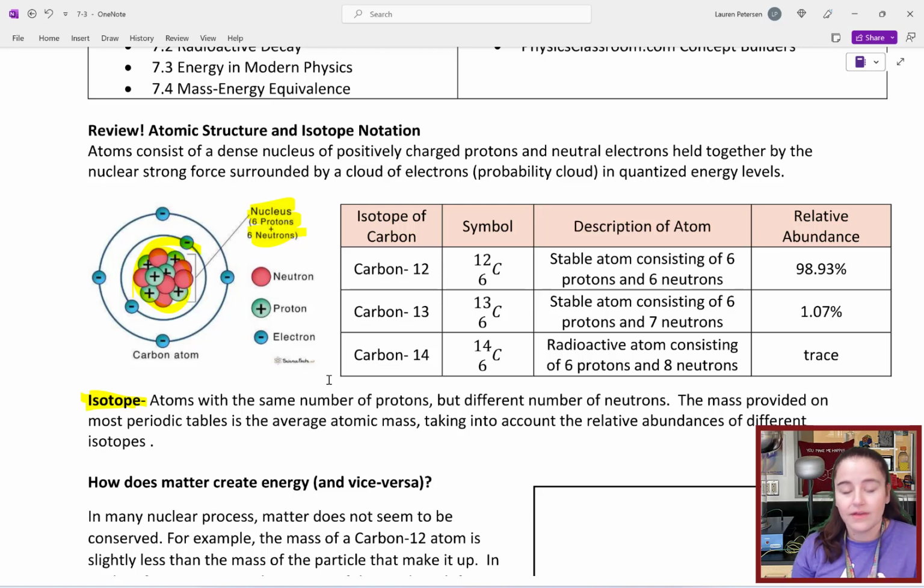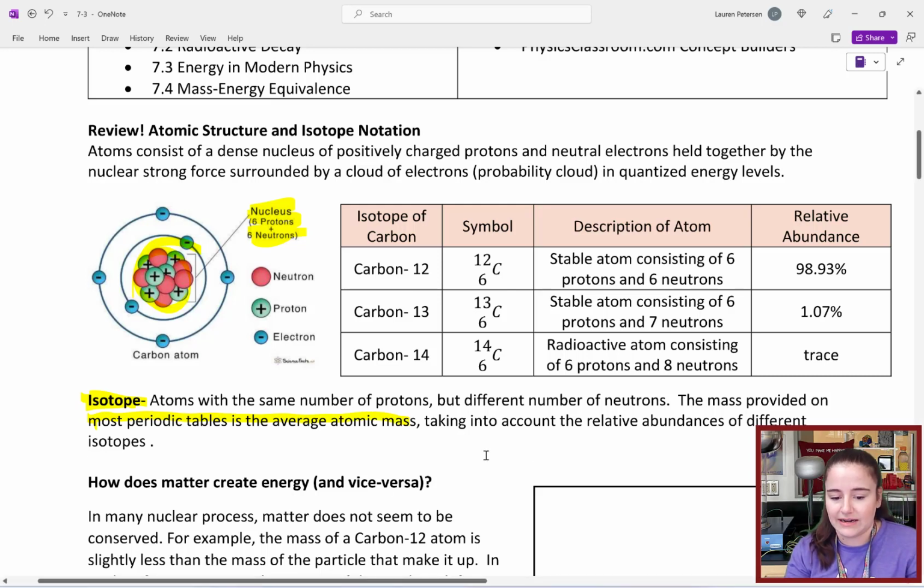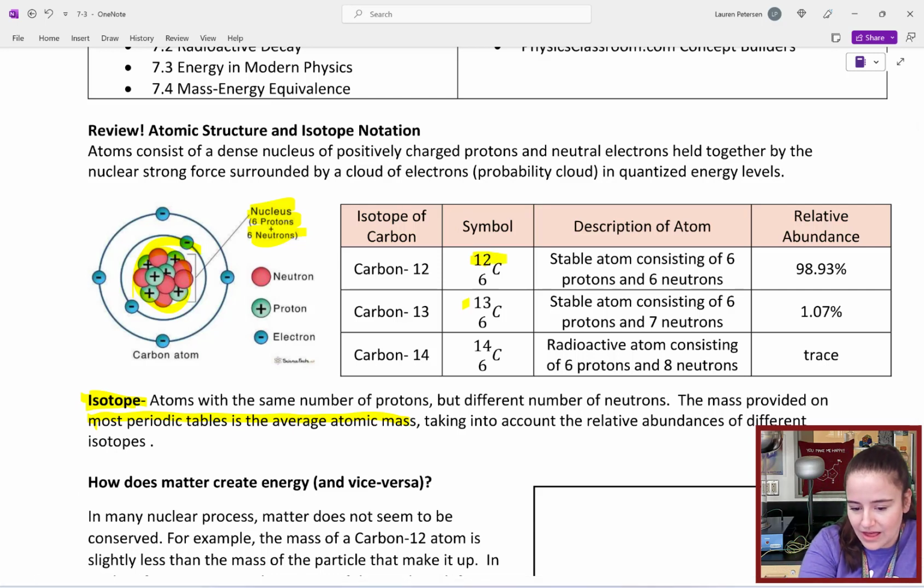Now, this means that when we do the masses, we're not typically going to use the masses from the periodic table. The mass on the periodic table is the average atomic mass, because, for example, in a sample of carbon, you'll have some carbon with a mass of 12, some with a mass of 13, some with a mass of 14. It's all carbon because it all has 6 protons.